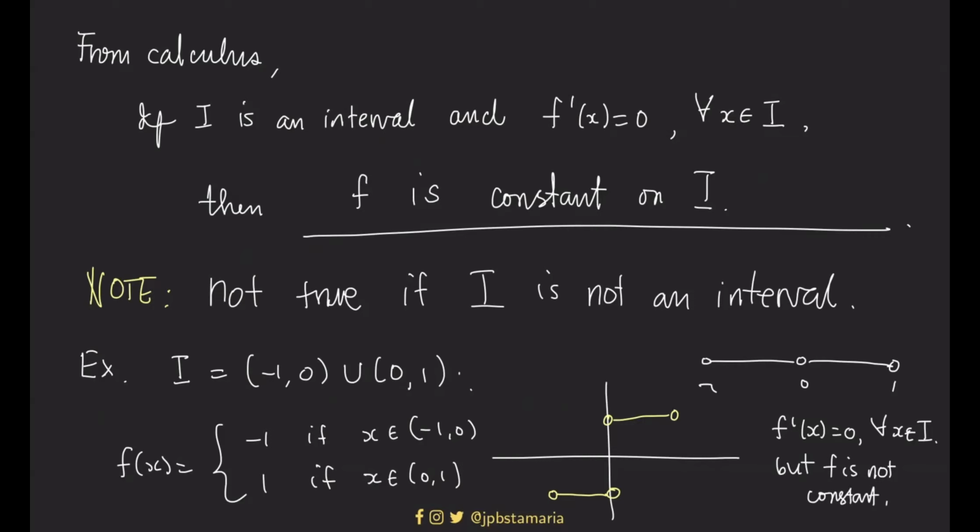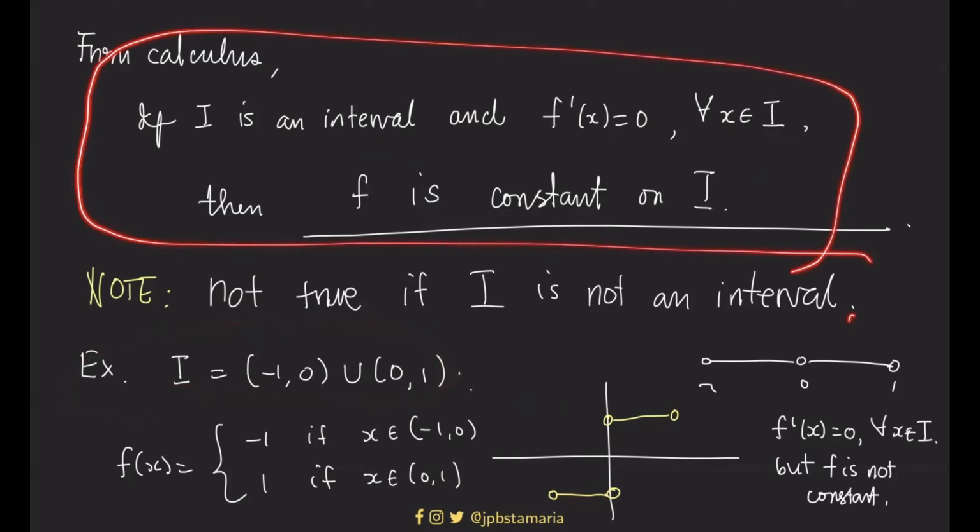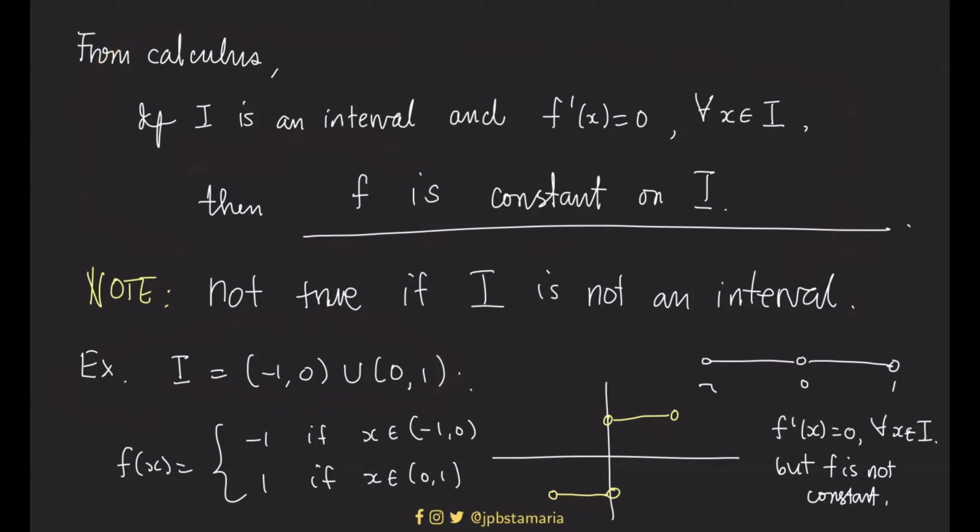Pero hindi siya constant kasi yung buong set na to, hindi naman siya interval. True lamang yung result na ito because I is an interval. Did you understand? May role na ginagampanan yung pagiging interval dyan.